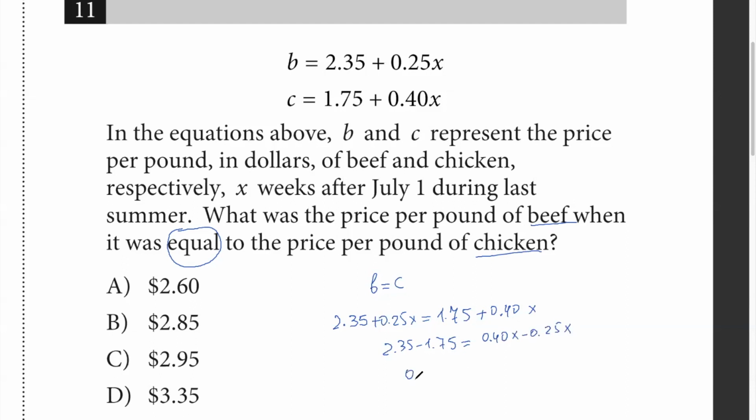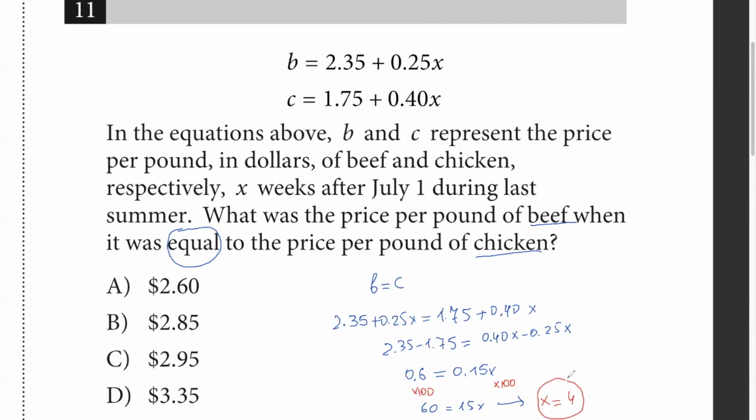The left side is equal to 0.6 and the right side is 0.15x. Let's multiply both sides by 100. It is like 60 is equal to 15x, and x is 60 over 15, which is 4.